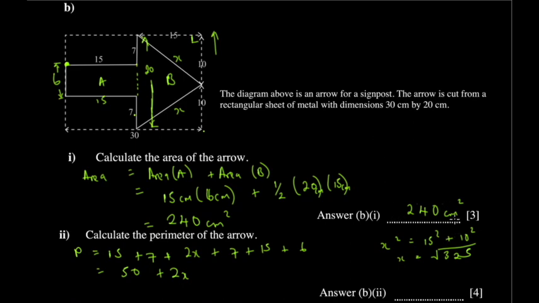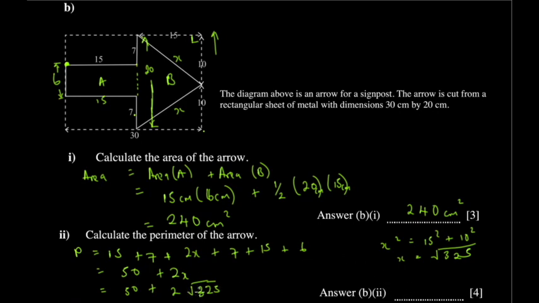You just use a calculator, you get 325. So you can go back here and write it: 50 plus 2 square root of 325, like this. That's how you write the answer.